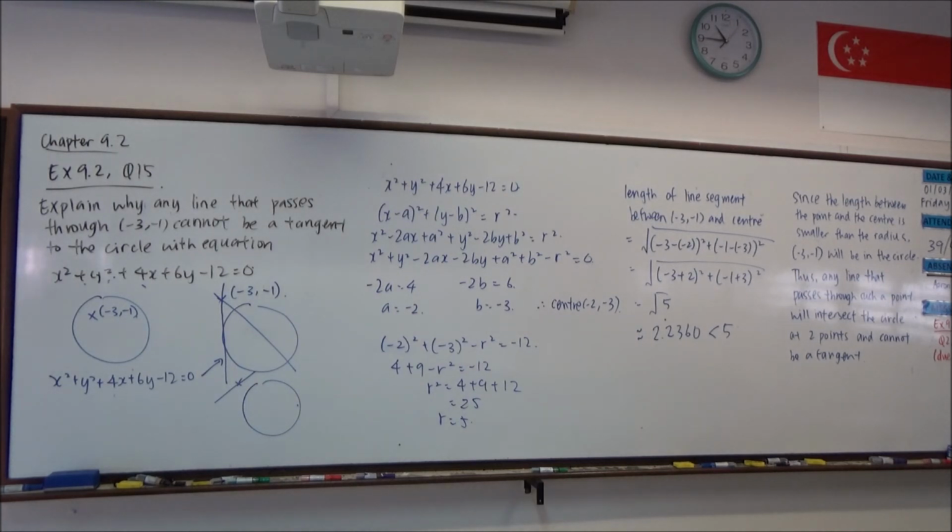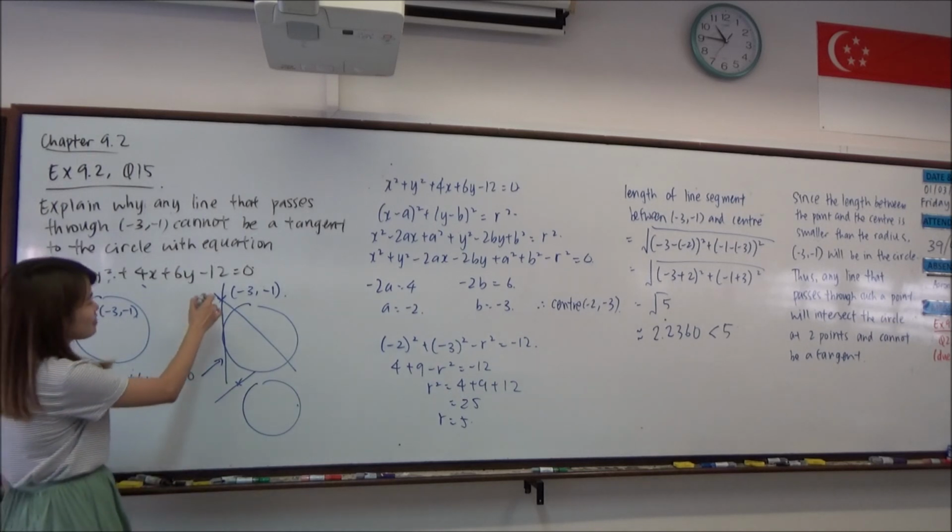So just remember, if the point is outside the circle, you can have two tangents.